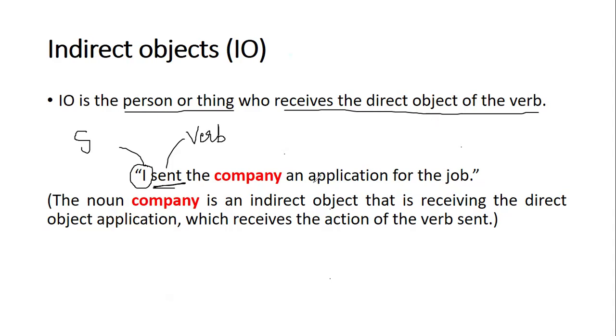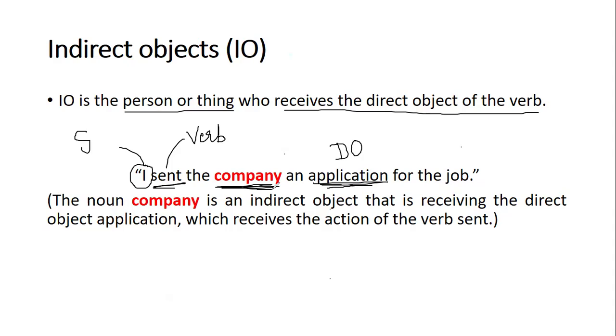What am I sending? I'm sending an application. So guys, application is our direct object. And to whom am I sending? I'm sending it to the company. Again, you can see company is a noun.